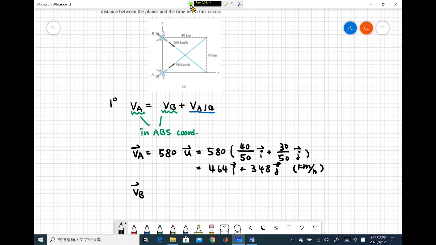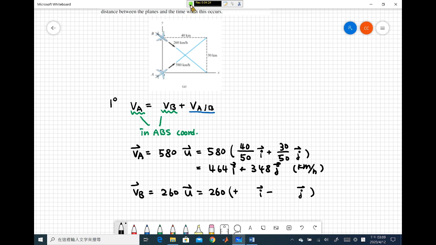VB, you can do the same thing. It's 260 kilometer per hour times the unit vector. Right now, you have to be very careful because for x, the direction is toward the positive x, but for y, it's toward the negative y. So it will be positive for i, negative for j.